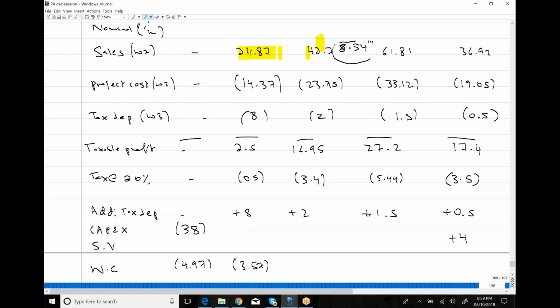Then in T3, revenue is 61.81. So again, you will take 20% of this. That is around 12.4. Okay. Yeah, so additional will be 3.82, right? And then in T4, revenue is 36.92.